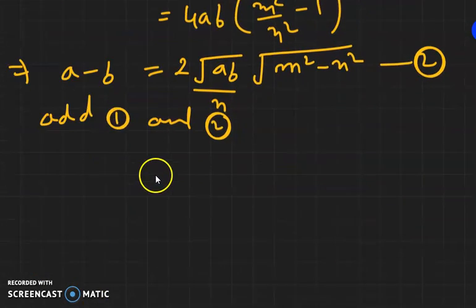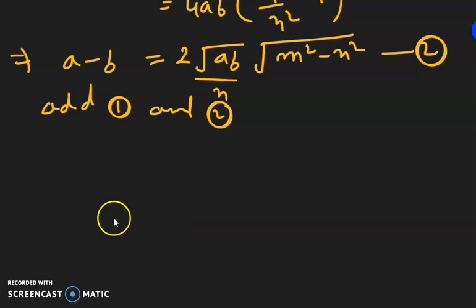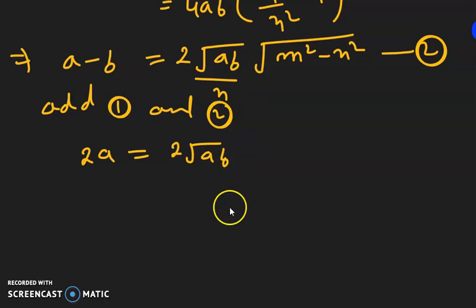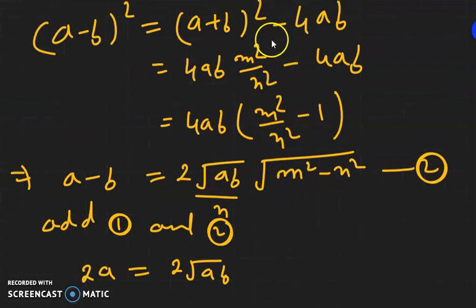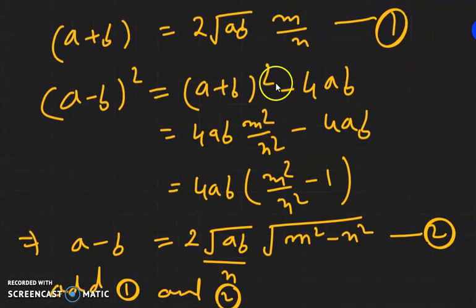So when I add these 1 and 2, we get 2 times a. b and b cancel, and 2 square root ab is common in both the equations, so it can be taken common. And there, in the first equation, m by n is left.